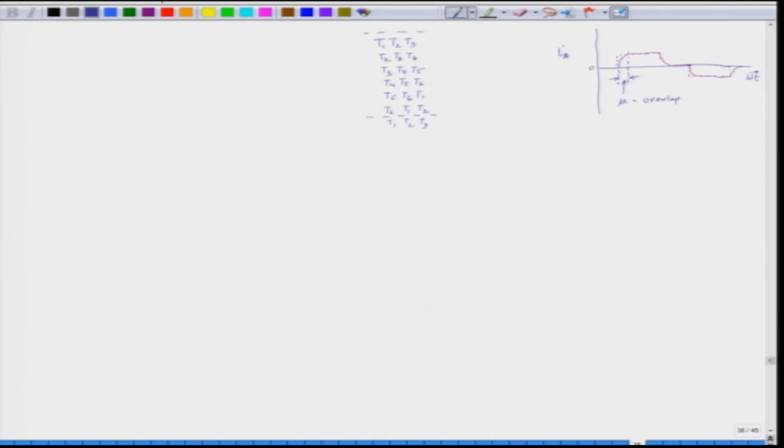Now, let us try to understand the commutation process. So, let us draw the circuit diagram first. So, we have the converter, the load side converter, which we can rewrite once again.